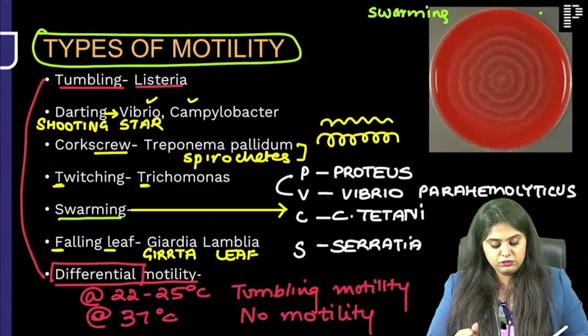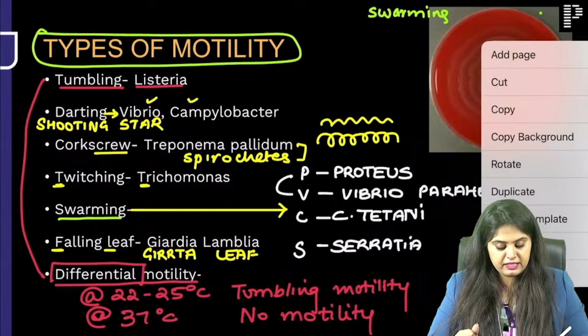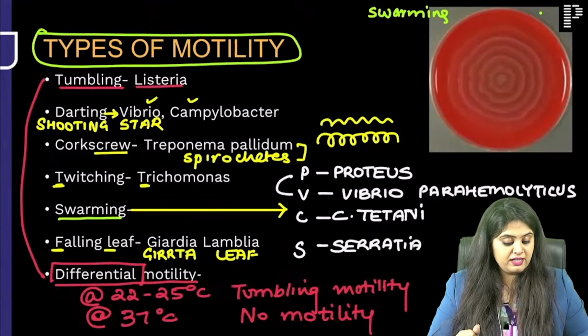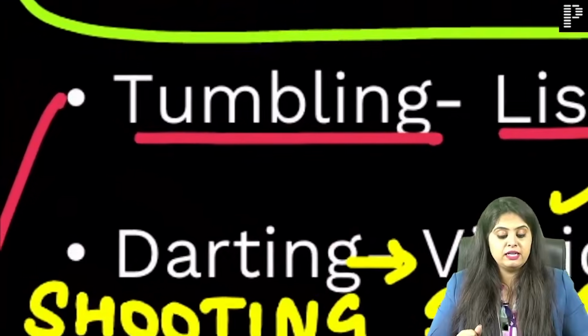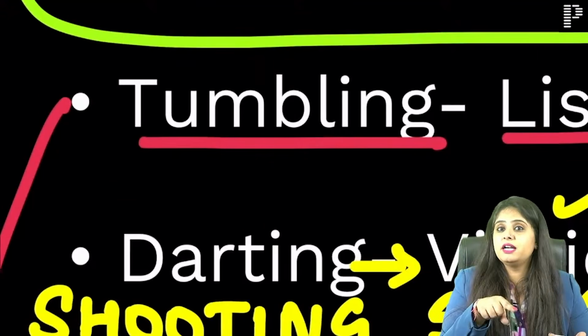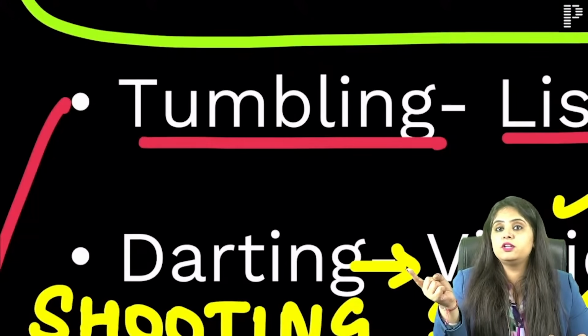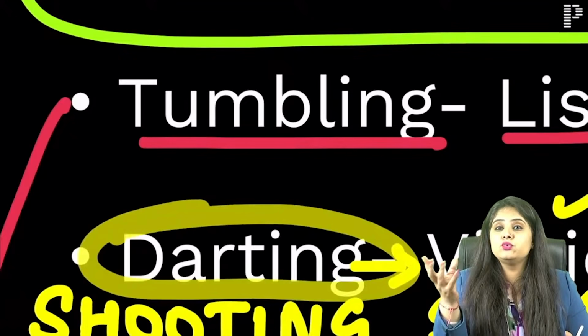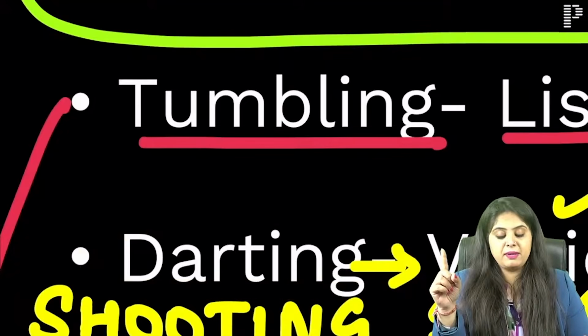If I ask you, tumbling motility is where? Tumbling motility is Listeria, drunk man. He will tumble at young age, at 22 to 25 degrees. He will not tumble at 37 degrees. Who will show you darting motility like a shooting star? It is Vibrio and Campylobacter.